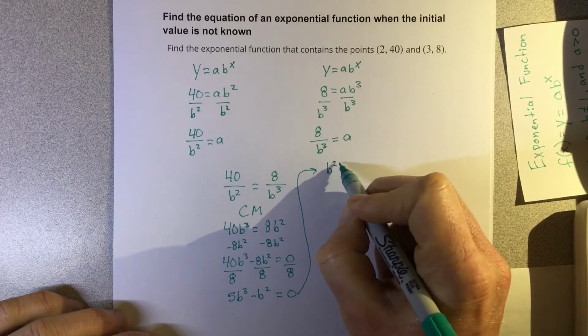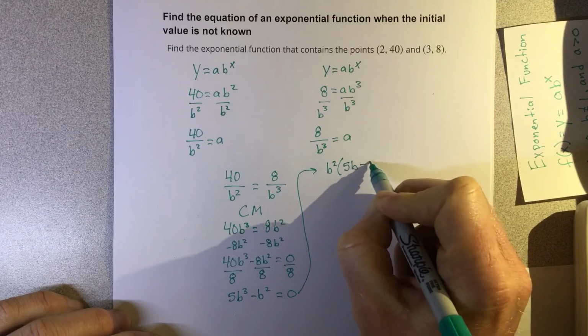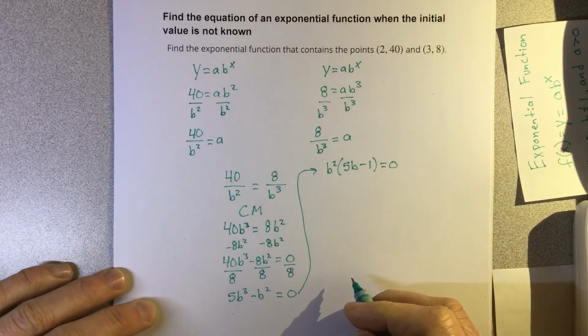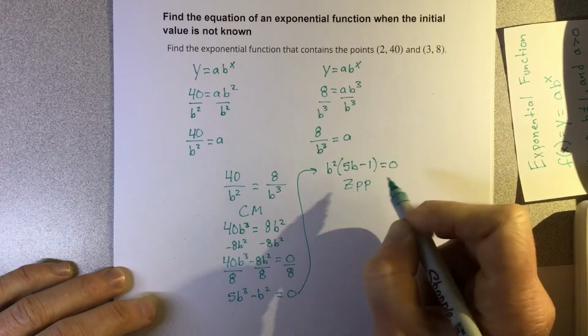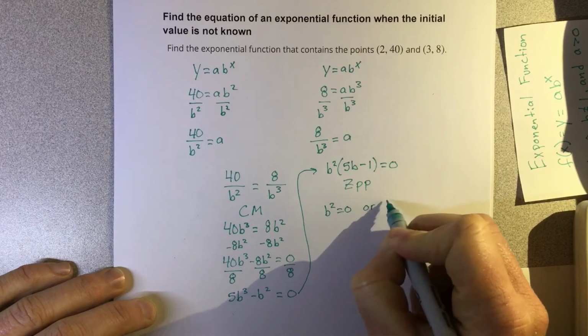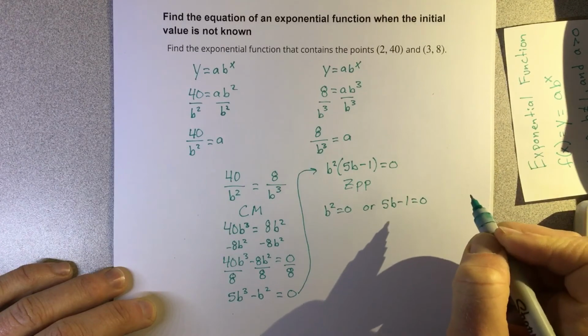So I have b squared, then that'd be 5b minus 1 equal to 0. Zero product property, ZPP. So b squared equals 0, or 5b minus 1 equals 0.